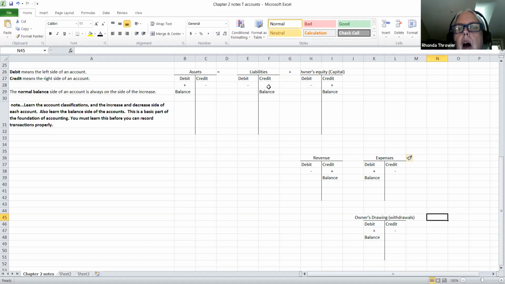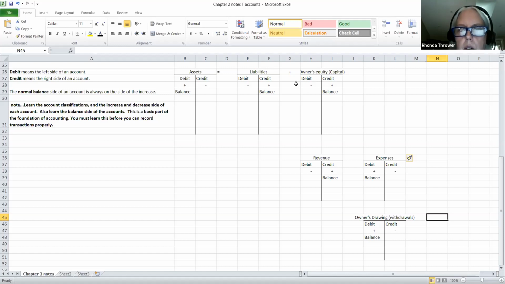And so the opposite side of the increase side will be the decrease side. So your assets will decrease on the credit side. Your liabilities will decrease on the debit side. Your owner's equity will decrease on the debit side. The decrease side is opposite of the increase side.